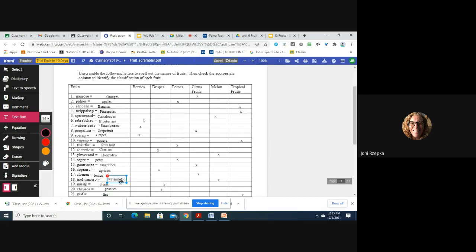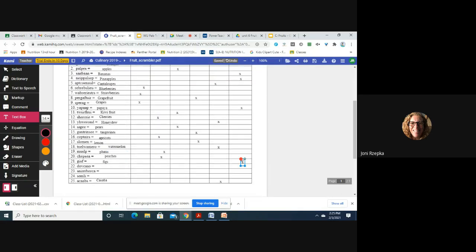Okay. And then I put figs on there because those are tropical. And then the next one is an avocado. Avocados are what? Tropical. Yep. And then what's this one? That's limes.